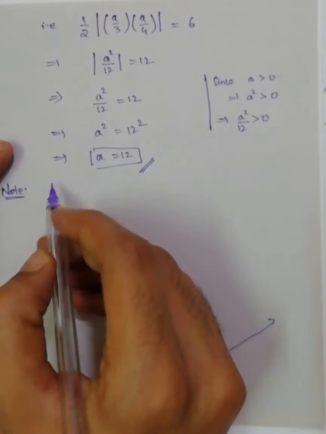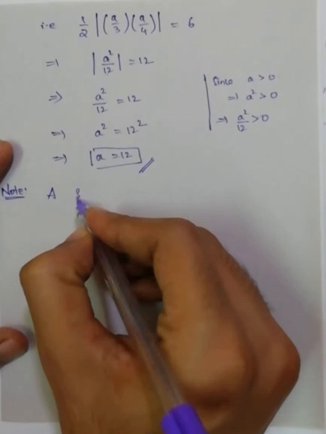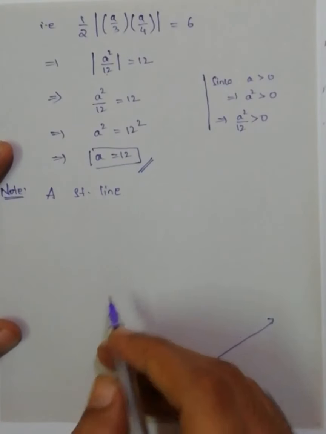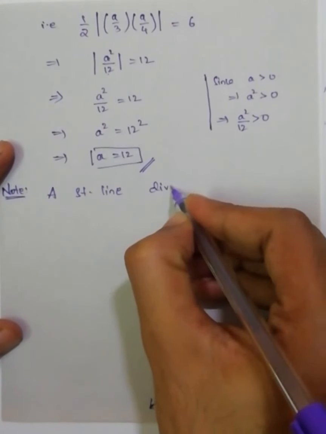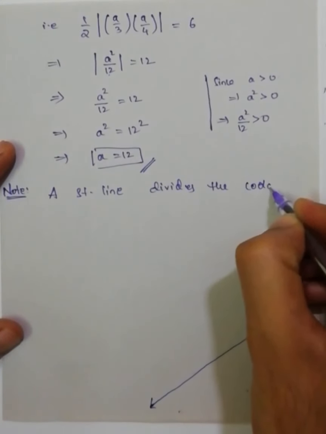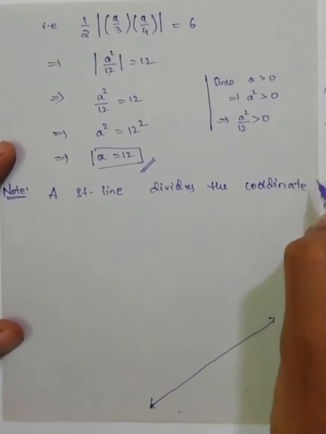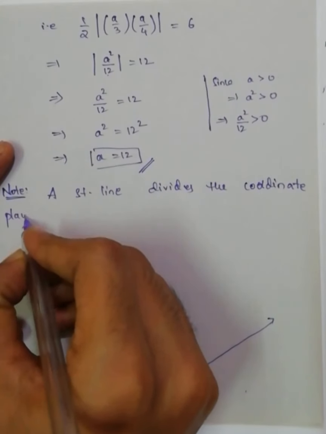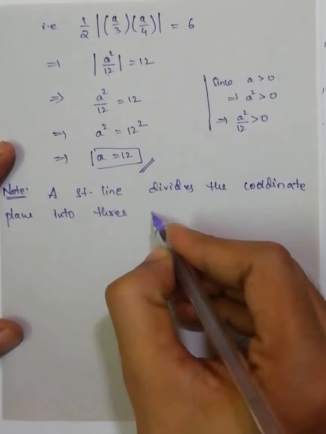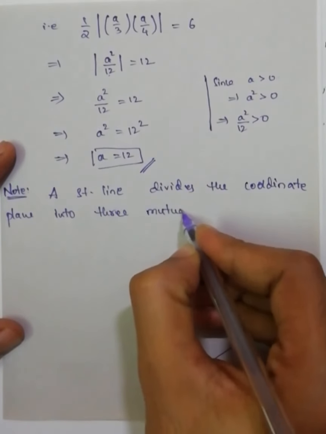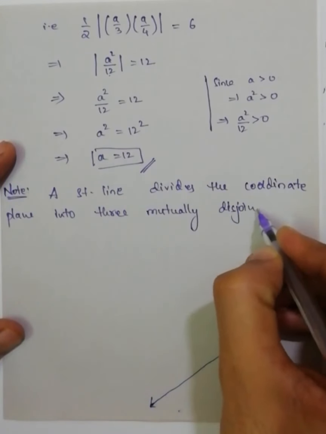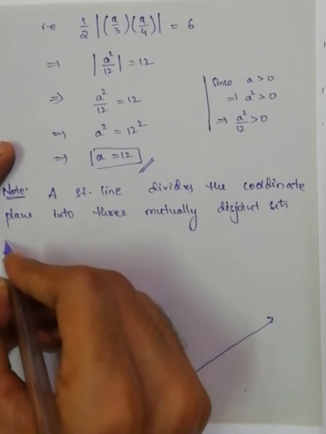So here the note: a straight line divides the coordinate plane into 3 mutually disjoint sets of points.